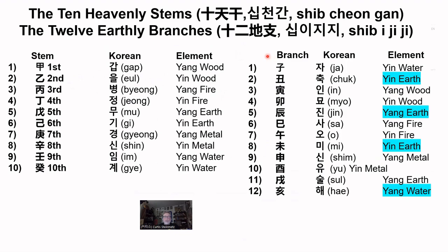For the earthly branches, the earthly branches are also combinations of the elements with yin and yang. But in the case of the earthly branches, there's 12 of them. When you combine the 5 elements with yin and yang, it's pretty straightforward to get 10.